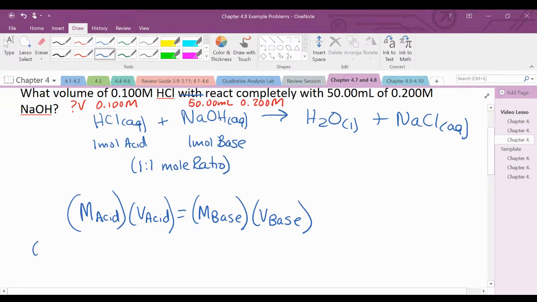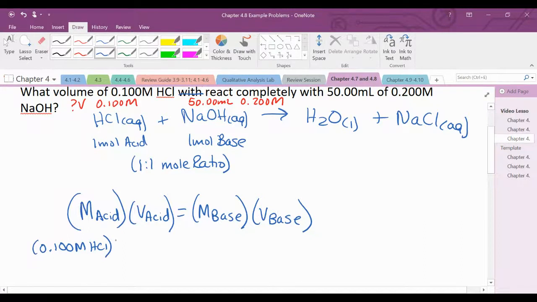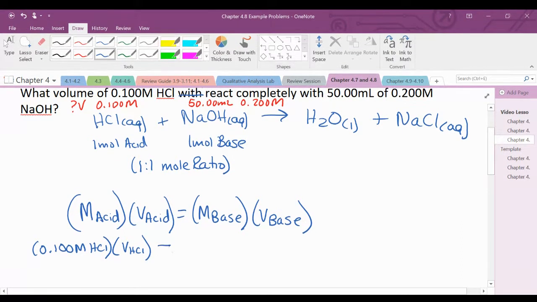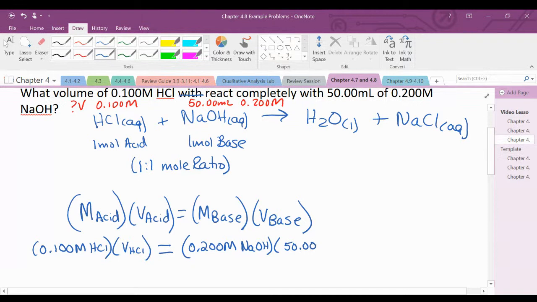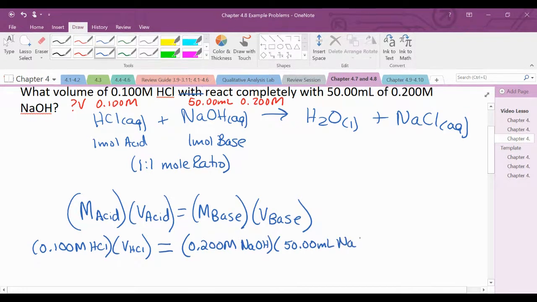So we have 0.100 molar hydrochloric acid, some volume of that, equals the molarity of the base times 50 milliliters of sodium hydroxide.